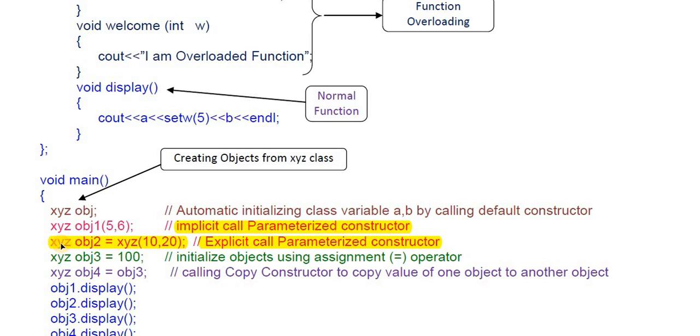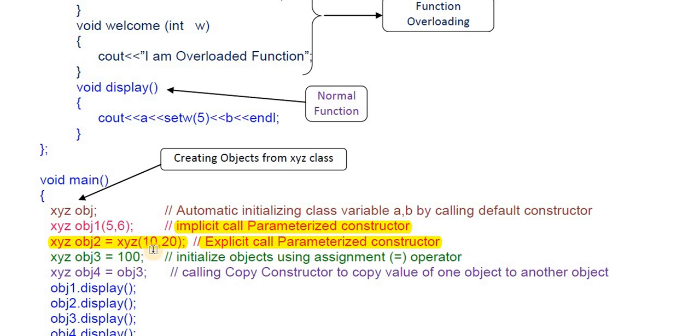In this line, we are creating an object. The name of the object is obj2. Here we are calling the parameterized constructor XYZ using the equal to symbol and the name of the constructor with values in parentheses. In an implicit call, we are not using the constructor name, we just give the values in parentheses.